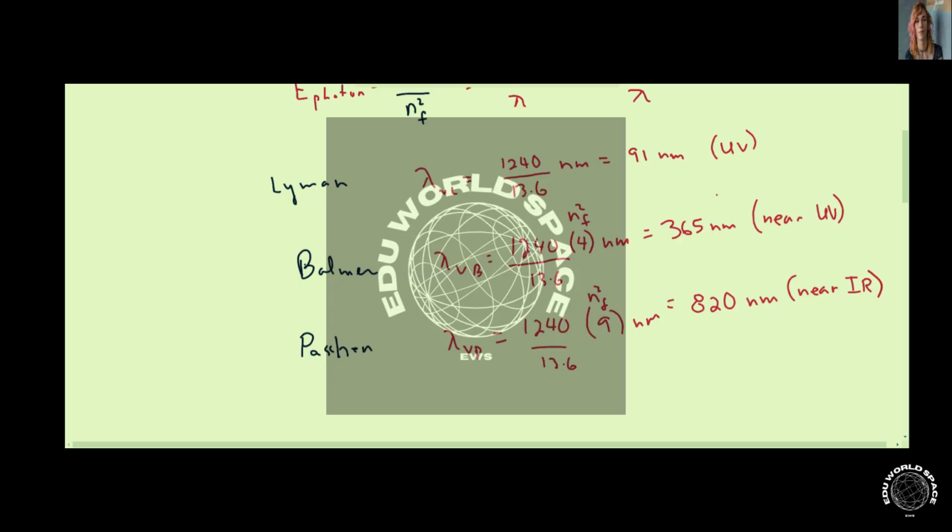So yes, they needed different tools to study each of the series. Lyman needed ultraviolet tools. Balmer, most of those are in the visible spectrum. And Paschen, most of those are in the infrared.